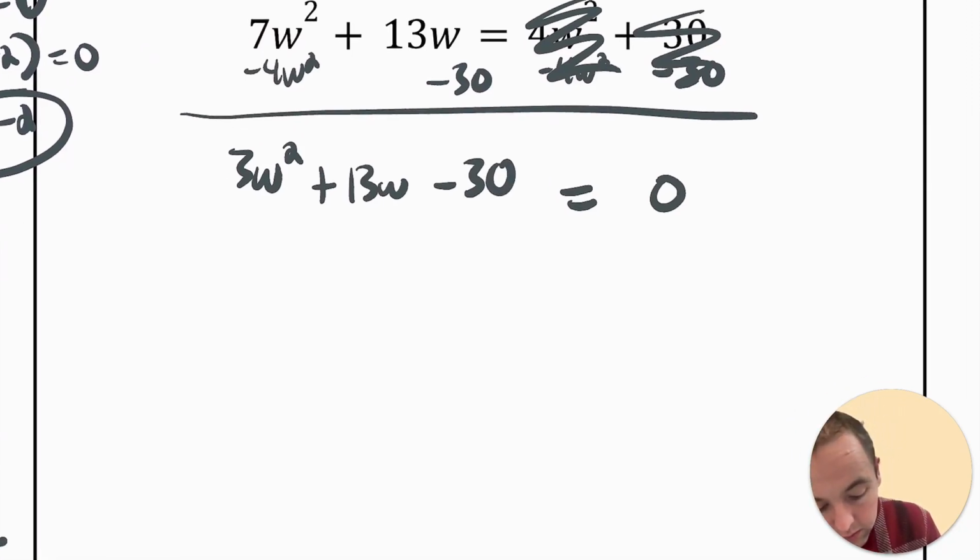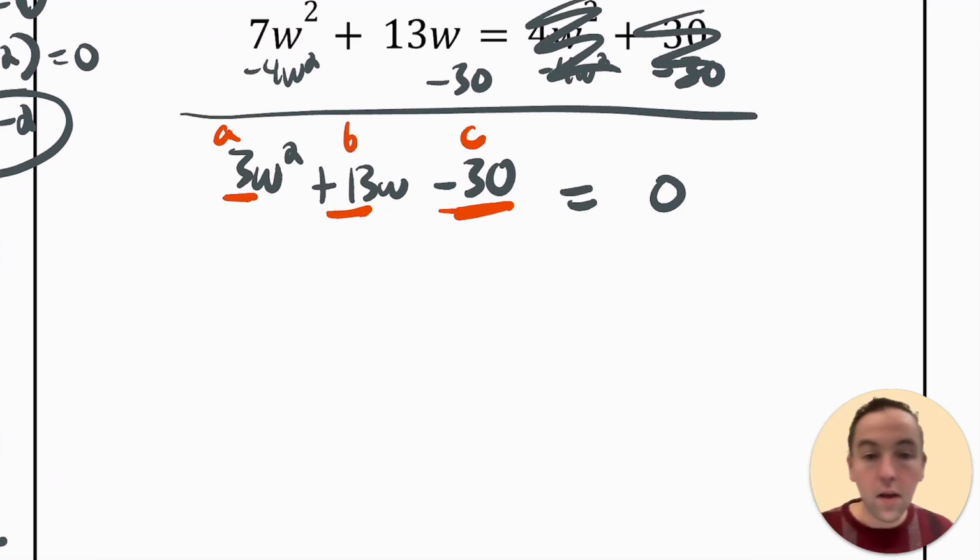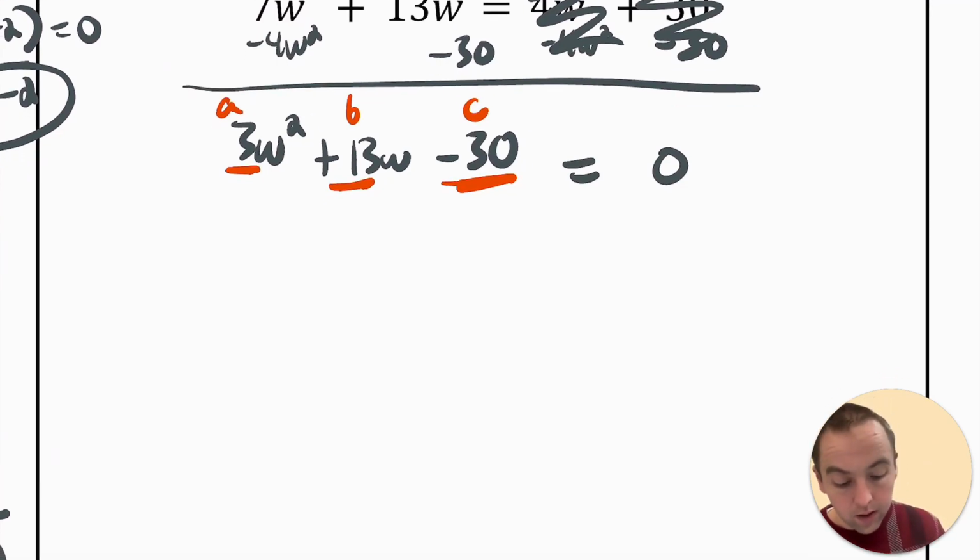So treat each of these values, your 3 and positive 13 and negative 30, as your a value, your b value, and your c value, right? So the only negative value we have to work with right there is your c value of negative 30.